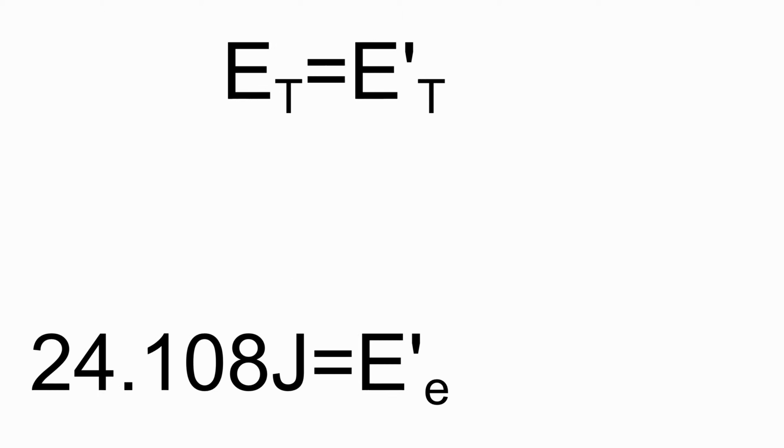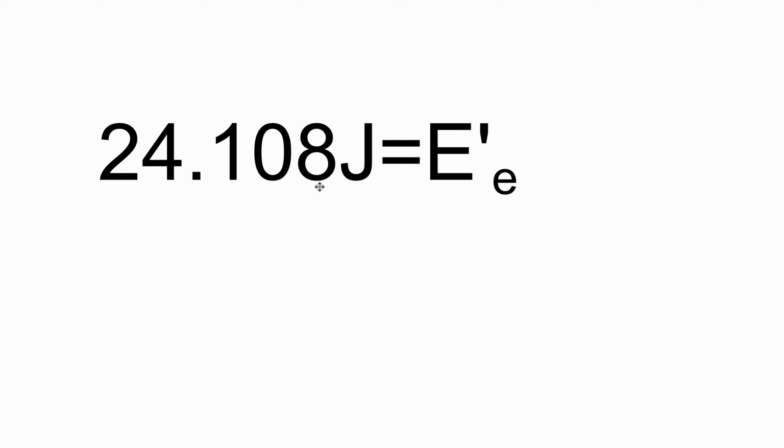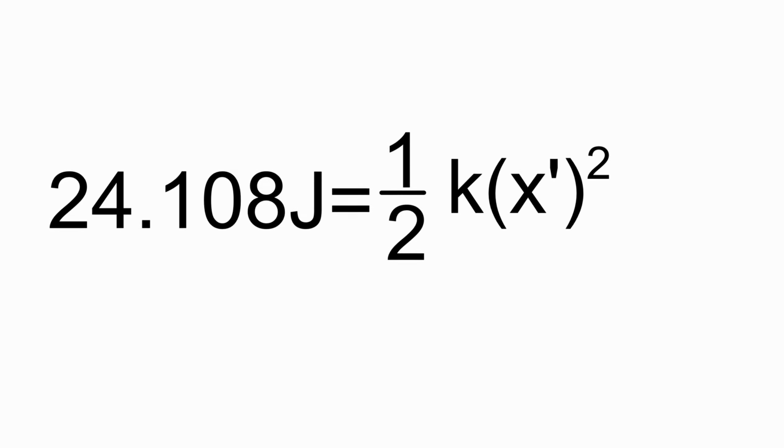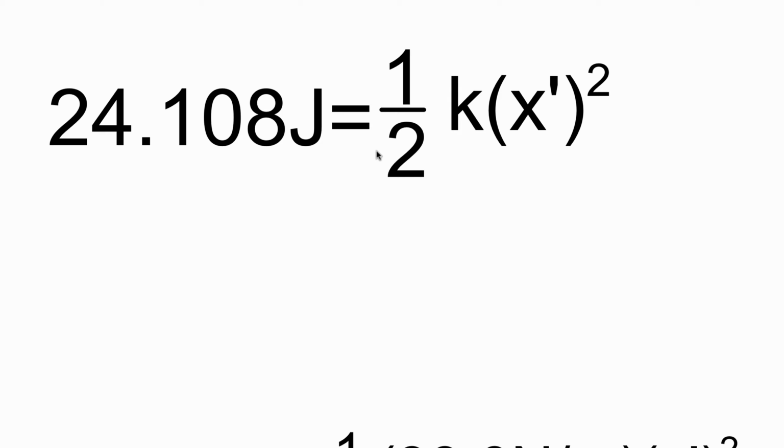Now, total mechanical energy has to be conserved, which means the energy I started with is the energy I have to finish with, which means our 24.108 joules of energy from the top of the ramp have to be equal to the elastic potential energy at the bottom. So 24.108 joules equals 1/2 kx prime squared, and the prime just simply is because this is from the second position.